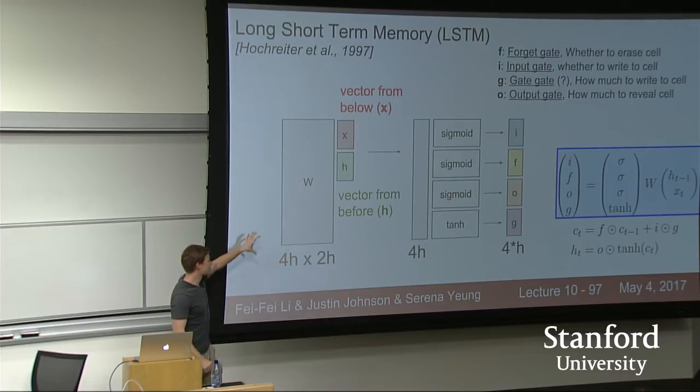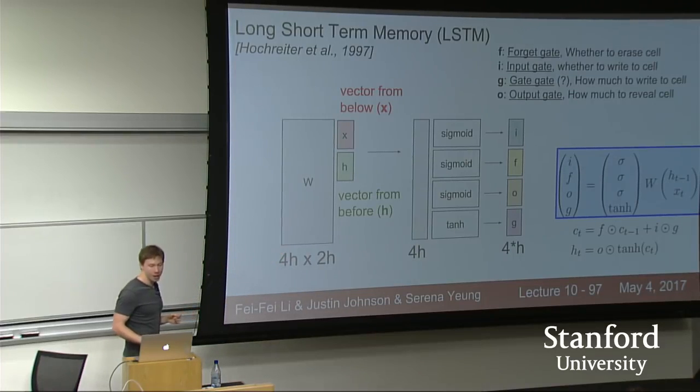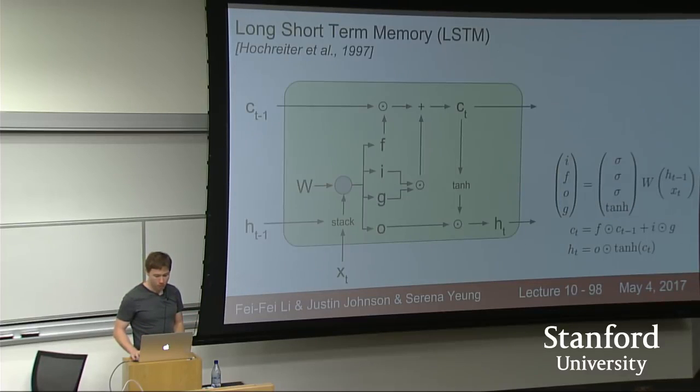So you can think of that as having 4 chunks of this weight matrix, and each of these 4 chunks is going to compute a different one of these gates. You'll often see this written for clarity, combining all 4 of those different weight matrices into a single large matrix W, just for notational convenience. But they're all computed using different parts of the weight matrix. You're correct in that they're all computed using the same functional form of just stacking the 2 things and taking a matrix multiplication.